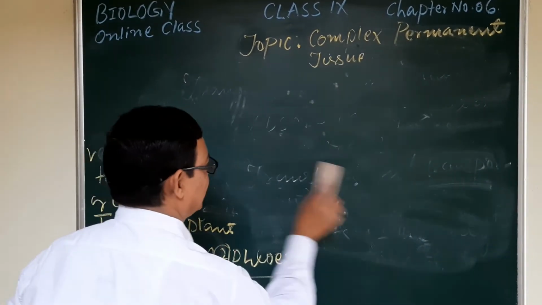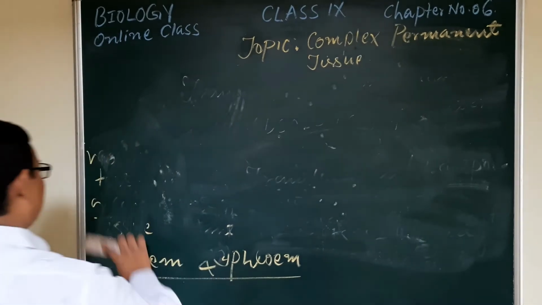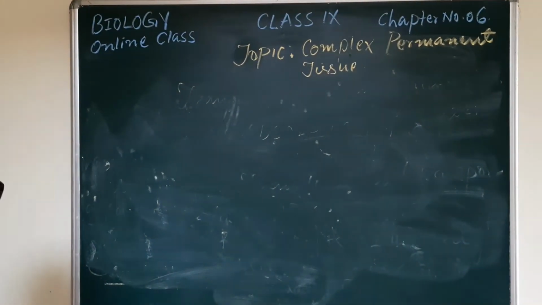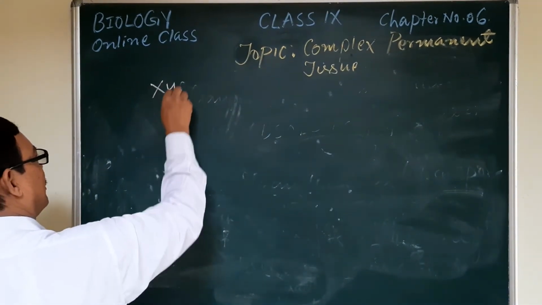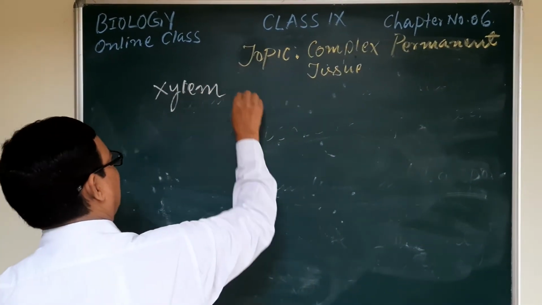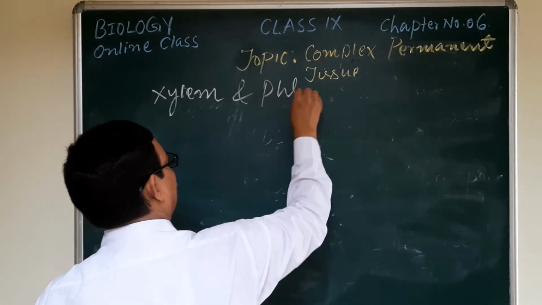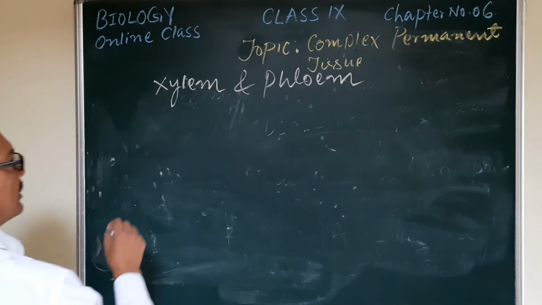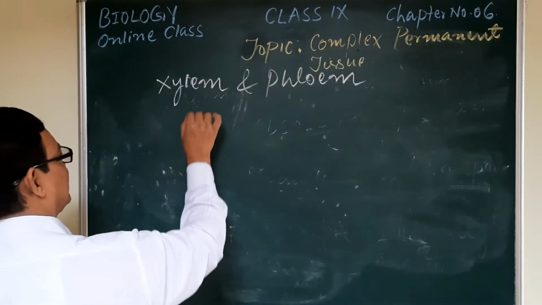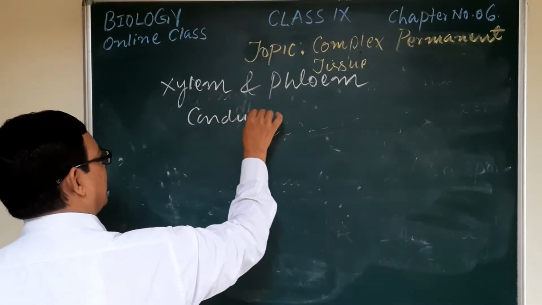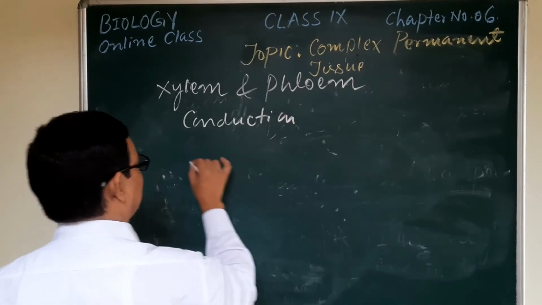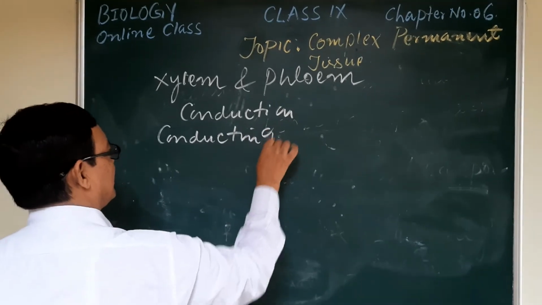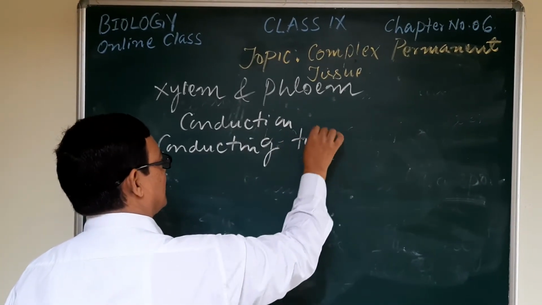These two tissues, xylem and phloem, which are complex permanent tissue, together perform the function of conduction in plants. That is why they are known as conducting tissues.